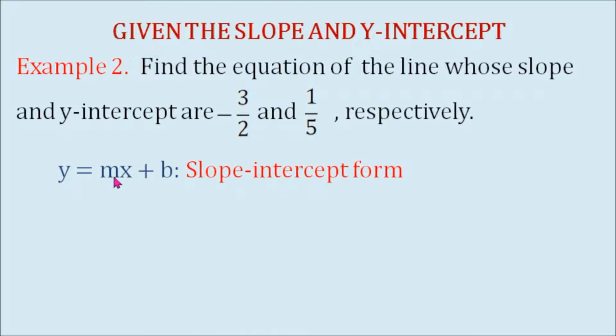M is the slope and b is the y-intercept. So substituting m with -3/2 and b with 1/5, we already obtained the equation. It's y equals -3/2 x plus 1/5.